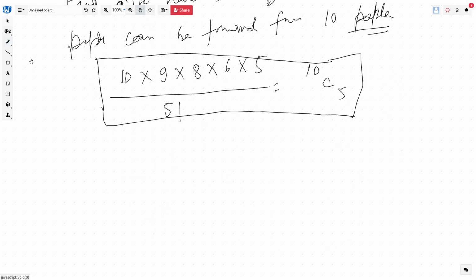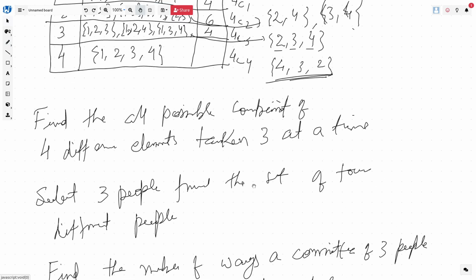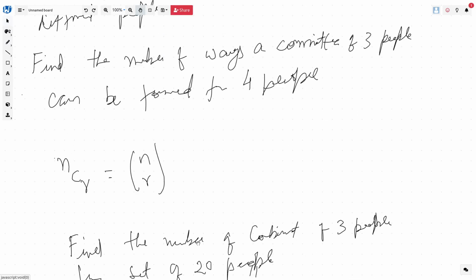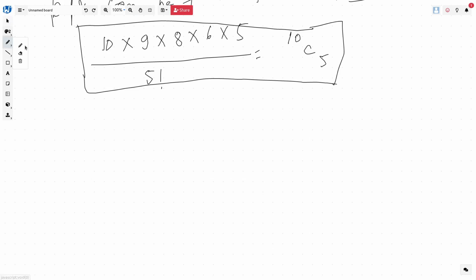Here we see a few identities which are quite important. If you look closely, 4C0 and 4C4 are the same. 4C1 and 4C3 are the same. This gives us an indication of identities used in mathematics.